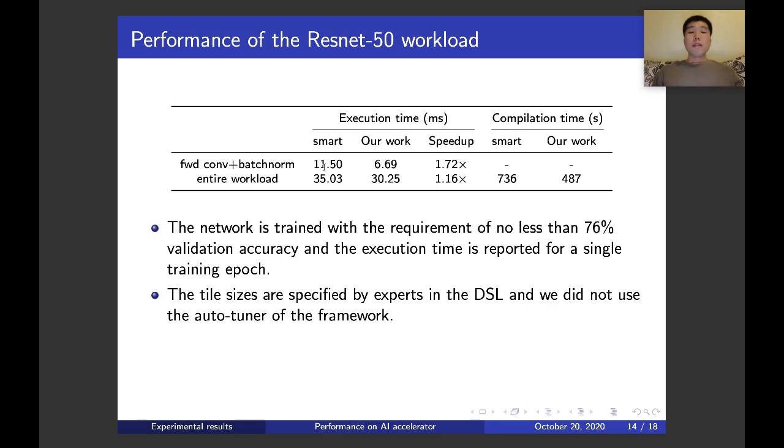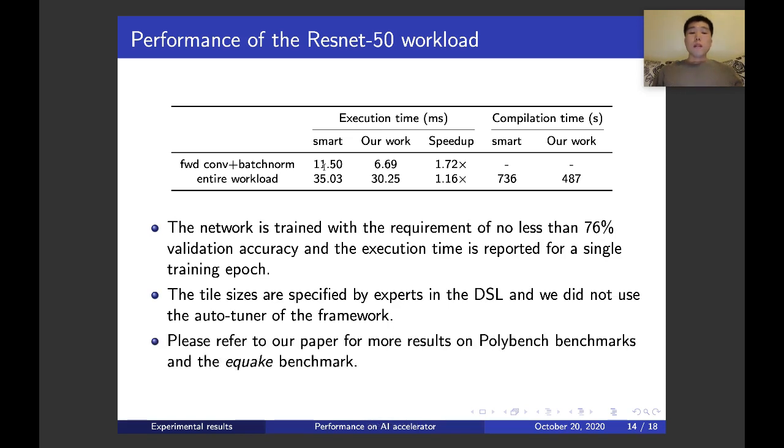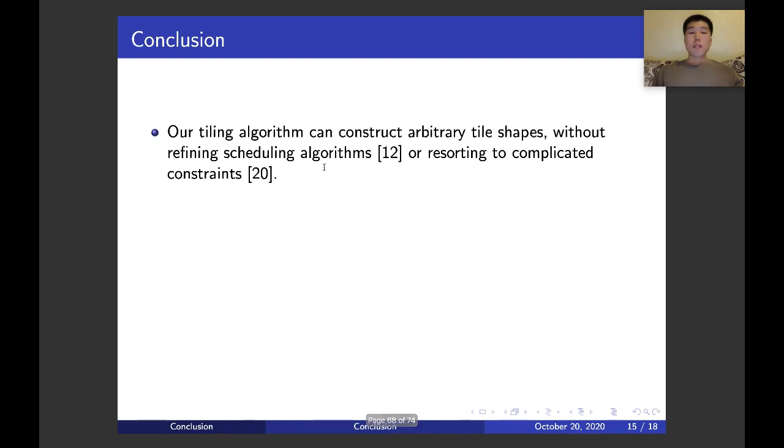One can find that our approach can bring about 16% improvement for the entire workload, and the compilation time that uses our approach can be reduced over that version that does not use our approach. The readers should refer to our paper for more results on other benchmarks that we did not mention in the presentation. Finally, we conclude our presentation from the following aspects.